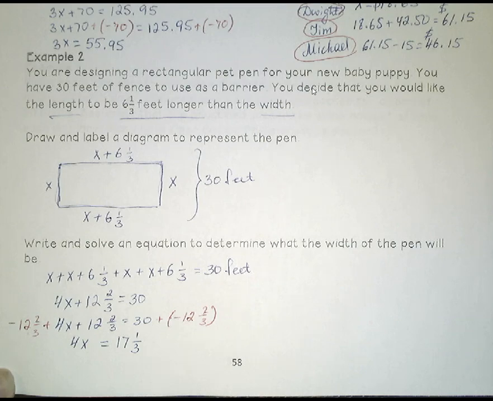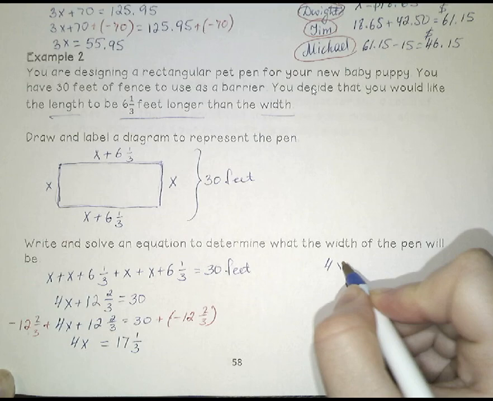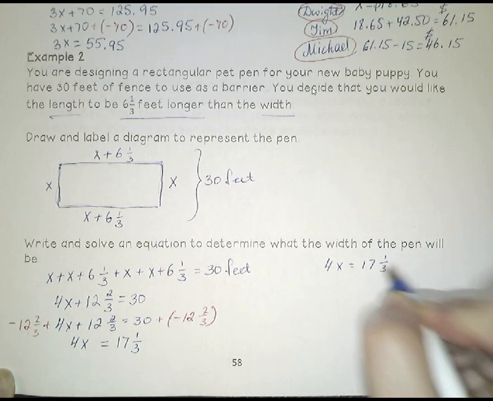Okay, all right, so now we need to solve for that x. So we are multiplying by the reciprocal of 4, which is 1/4. I'm going to write it here. 4x equals 17 1/3.